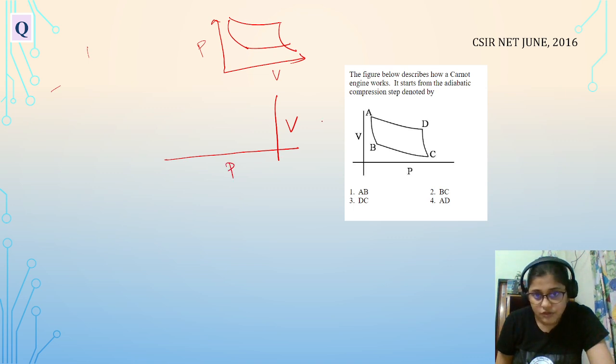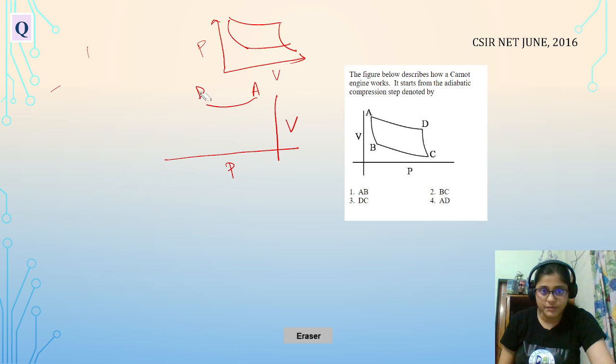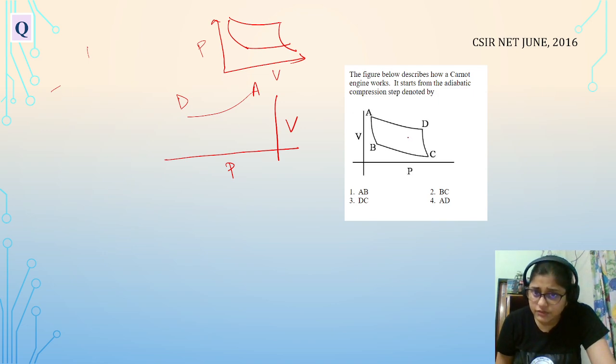A to D: A is upside, D is downside, so it will be a little down. D to C is this, C to B is this one, and A to D is this one. So A, B, C, D.